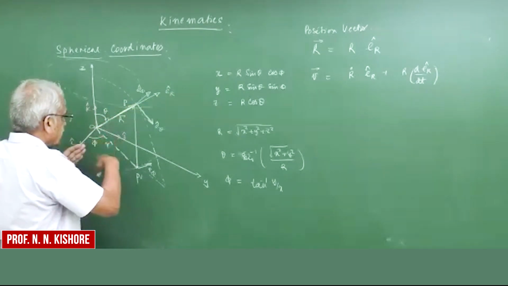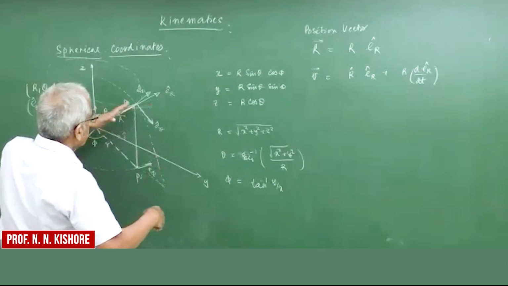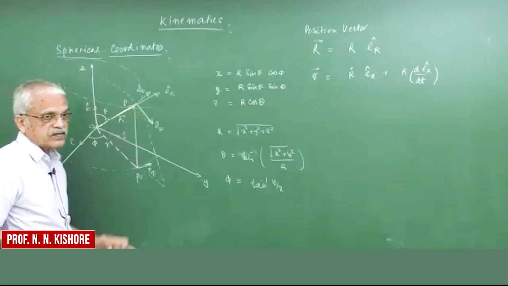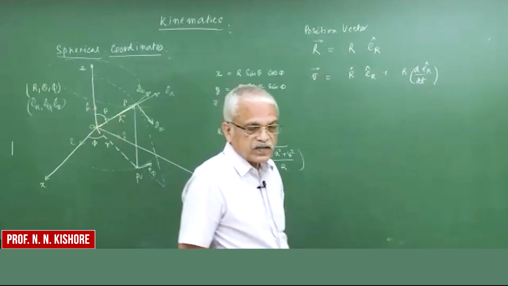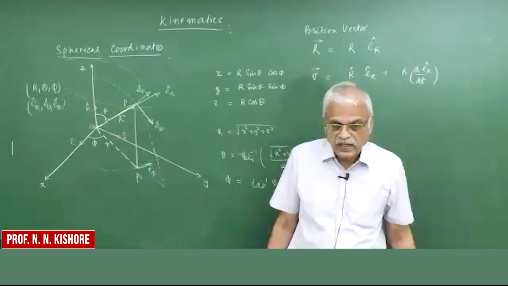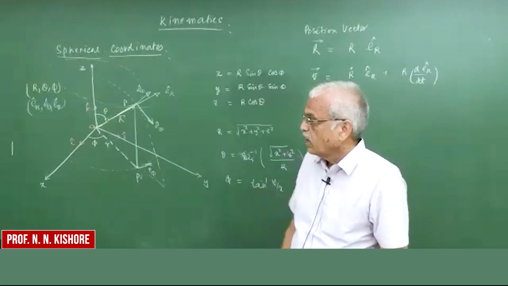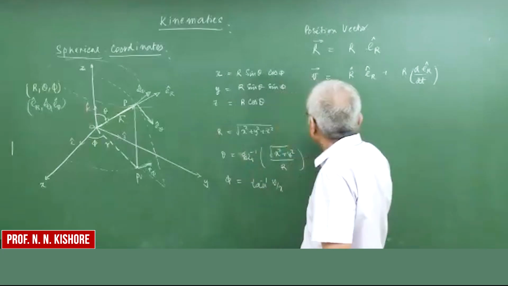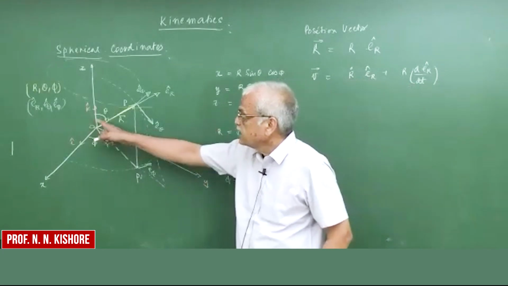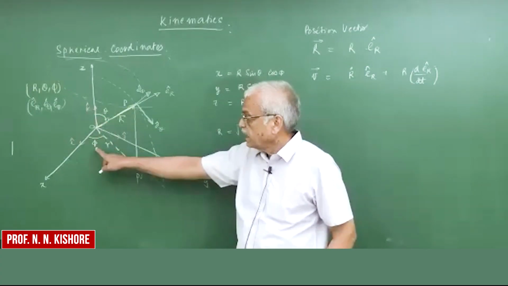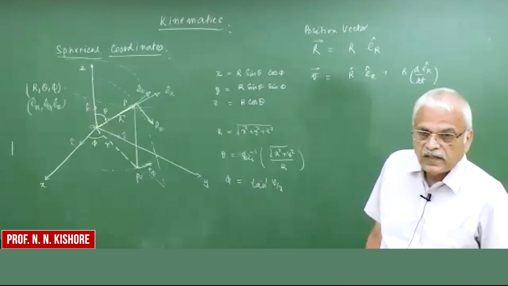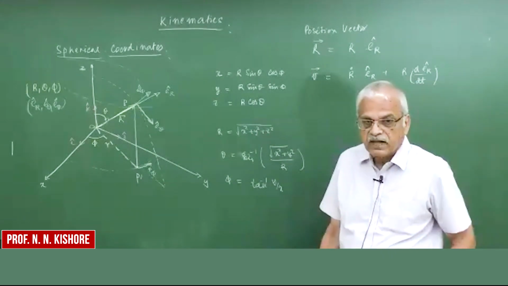Similarly, if you change the angle phi, then P is going to move along this circle and e_r is going to change its angle. So this time derivative of e_r will be affected by the change in theta dot and phi dot. Theta dot you can take to be an angular velocity vector.